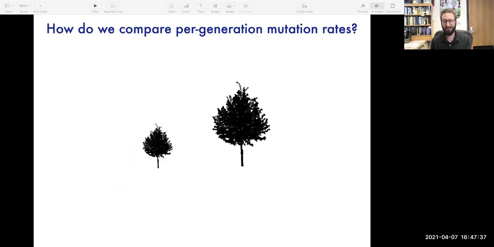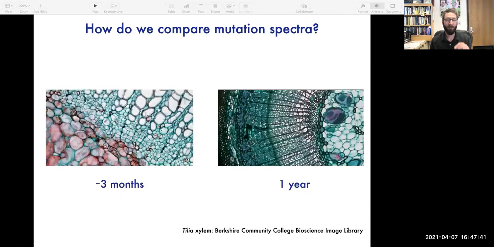Just as with this analogy of tree height, if I look inside the stem of these trees and try to characterize the cells that made up the tree, they would differ. These are actual pictures of some tilia and the xylem at different stages.